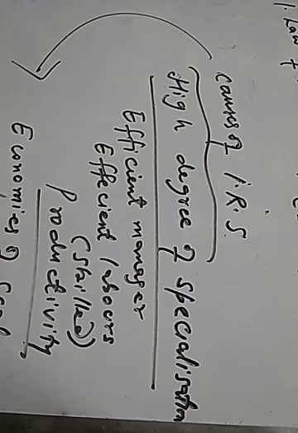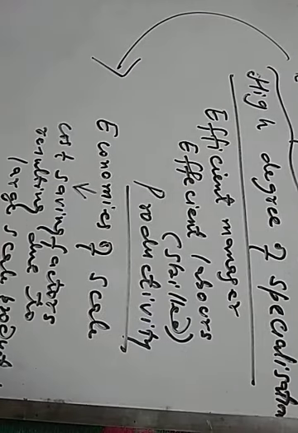That is the economies of scale. The cost of production will be low. It is the factor that encourages the producer, the firm, to increase the scale of production, means there will be increasing returns to scale.